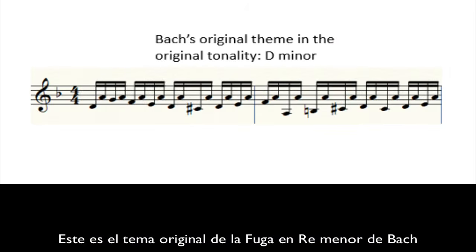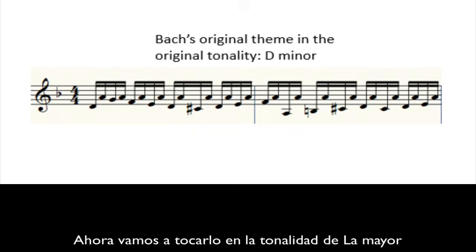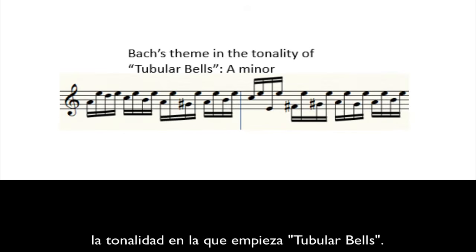This is the original Bach's Fugue in D minor theme. Now let's play it in the tonality of A minor, the tonality where Tubular Bells begins.